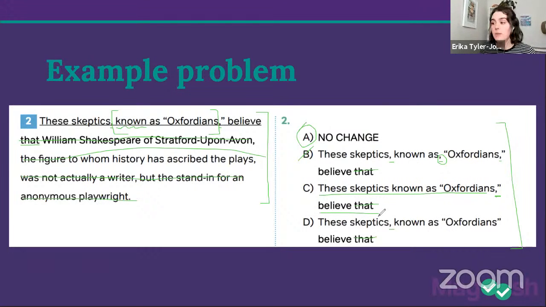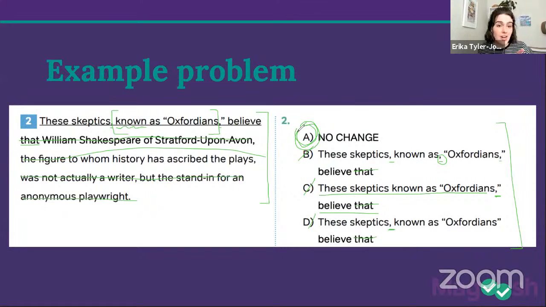If we take out either part of that sentence, we are left with something that is not a complete sentence. That doesn't make sense. The modifier is known as Oxfordians, so we need a comma on both sides. Doesn't work. D does the exact opposite. It puts the comma beforehand, but not after. That doesn't make sense. We need one on both sides to indicate what our modifier is. D is out. It's got to be A.